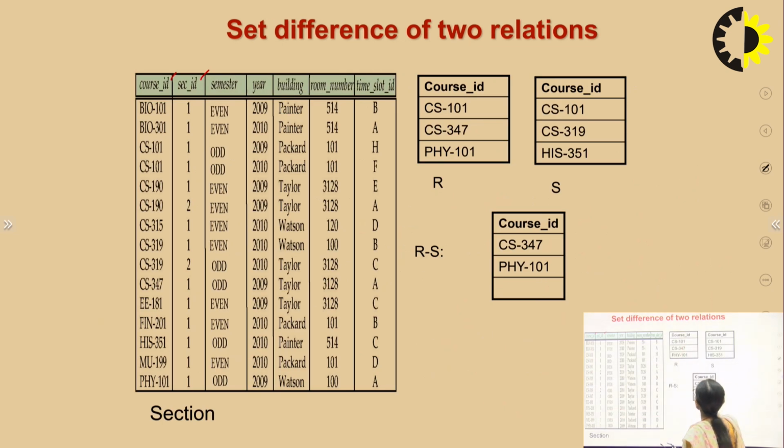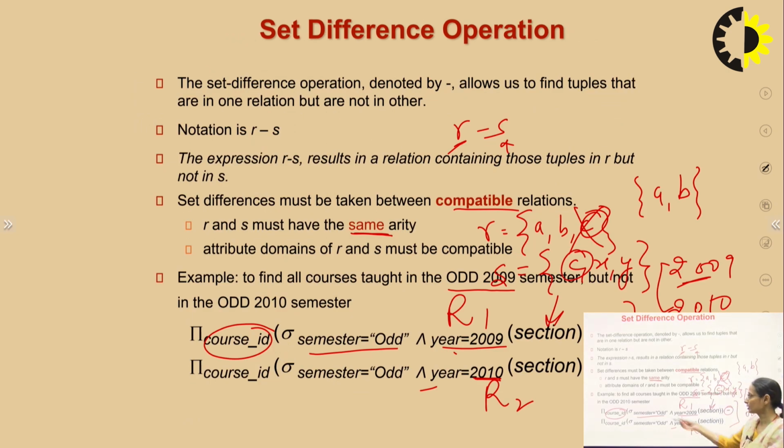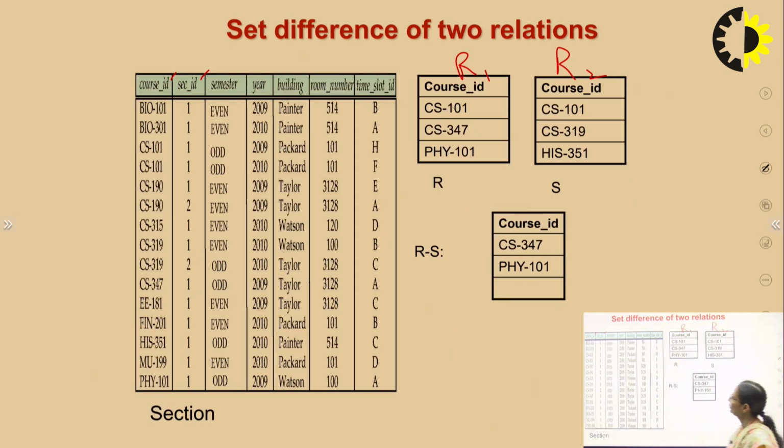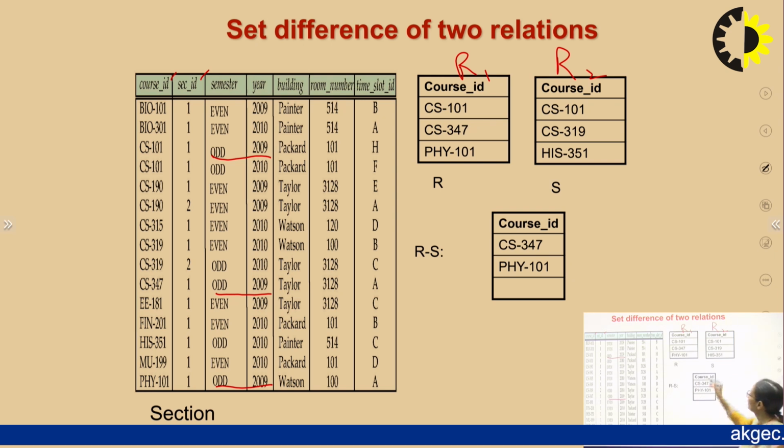R1 says semester is odd and year is 2009. If I look, semester is odd, year is 2009, semester is odd, year is 2009, semester is odd and year is 2009. So the outcome is 3 subjects and the course IDs are these.